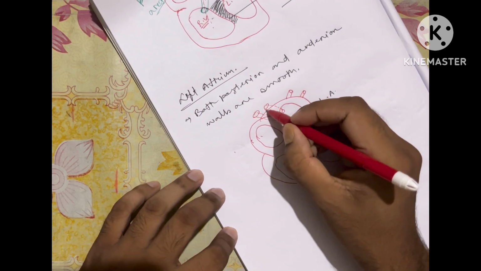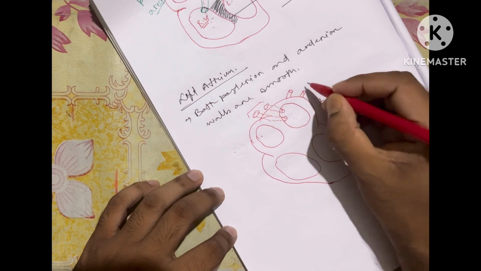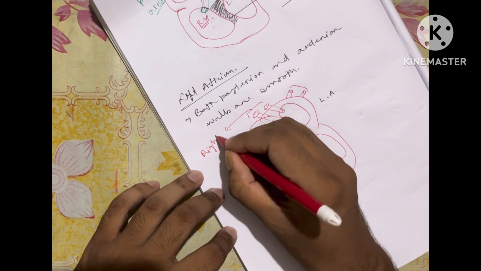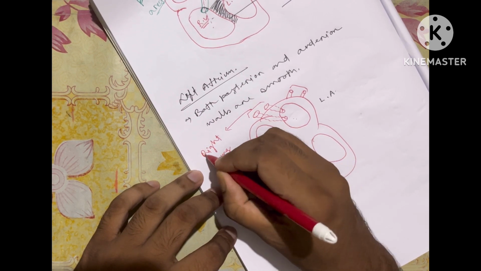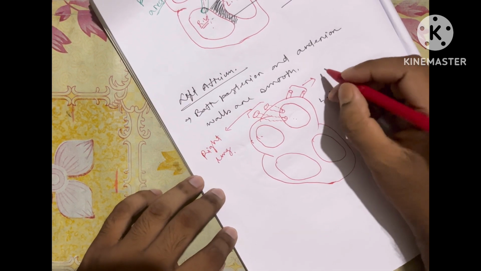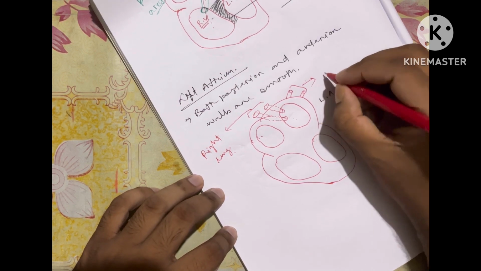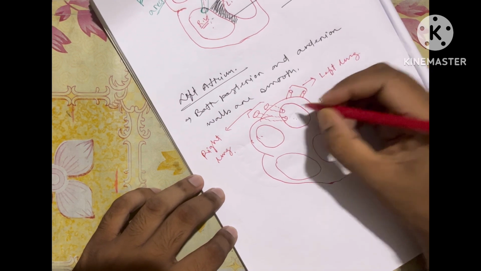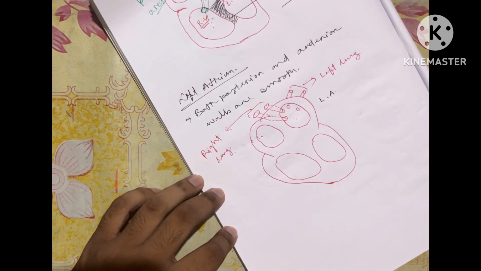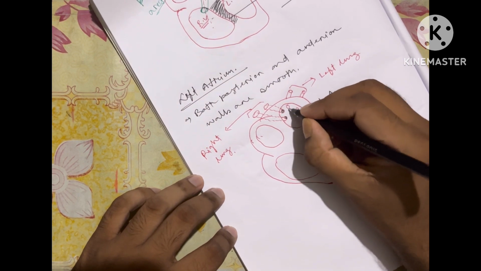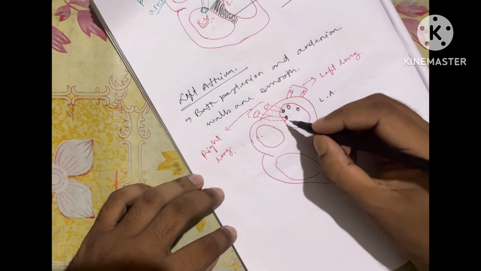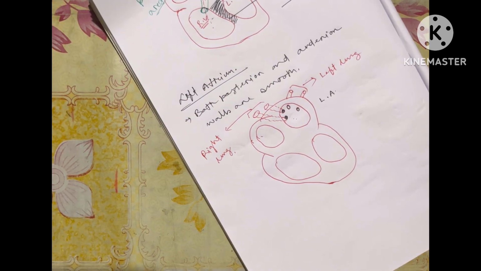These two pulmonary veins carry blood from the right lung, and these two pulmonary veins carry the oxygenated blood from the left lung, and their openings are here, inside our left atrium.